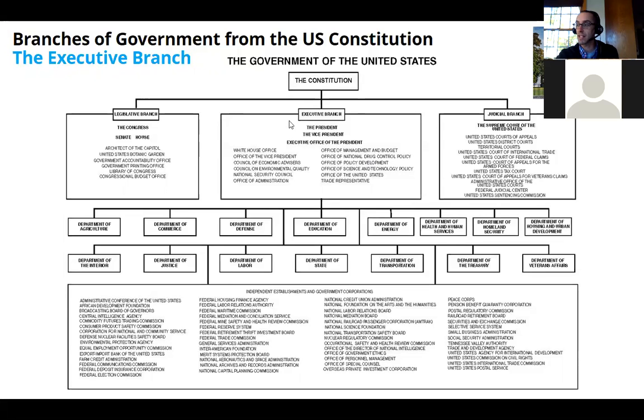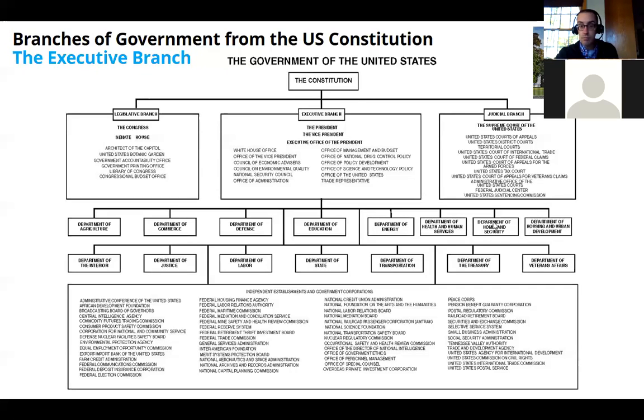The rest of this diagram, the middle big box and all these little boxes underneath, are the executive branch. I've read a statistic that there's like 2 million people that work in the executive branch. You think of the executive branch as the president, but it's the president and his cabinet, and also all these departments: the Department of Justice, the Department of Transportation, the Department of Veterans Affairs, the Department of Homeland Security.